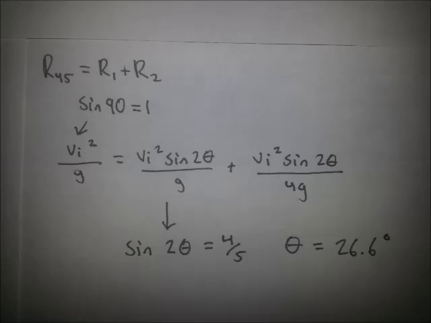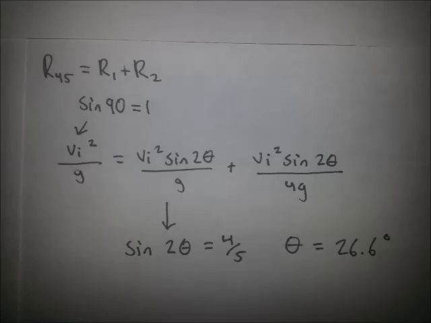So seeing that sine of 90 equals 1, we can just get rid of that and put v initial squared over gravity equals R sub 1 plus R sub 2, which is v initial squared sine 2 theta over gravity plus a simplified version of v initial over 2 squared sine 2 theta over g, which simplifies down to v initial squared sine 2 theta over 4g.